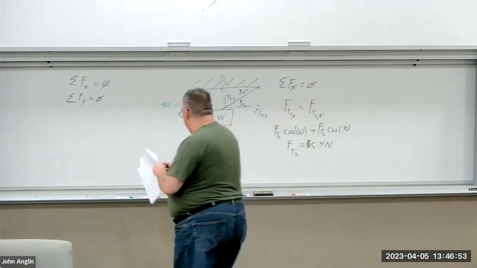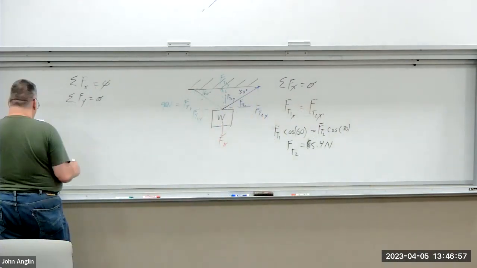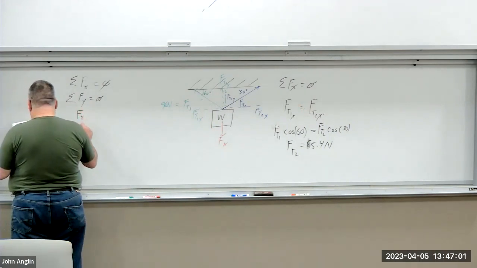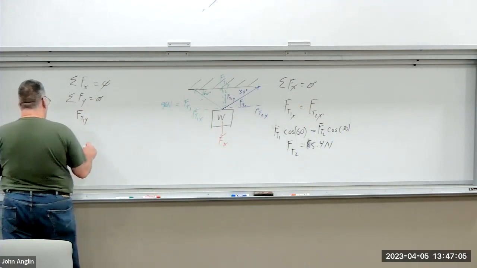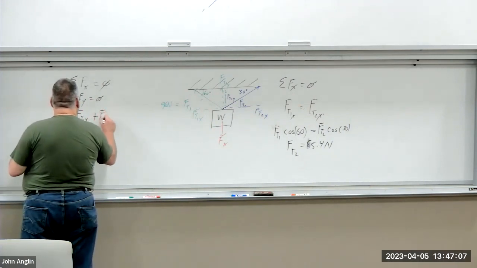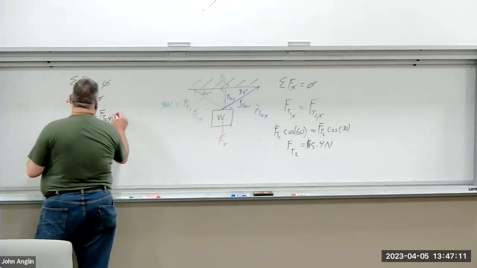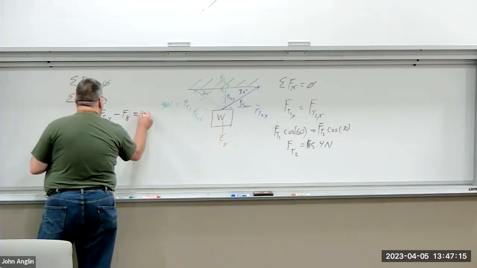We know, since sum of the forces in the y direction is going to be 0, in the y direction, we have force due to tension 1 in the y direction, plus the force due to tension of 2 in the y direction, minus the force due to gravity.